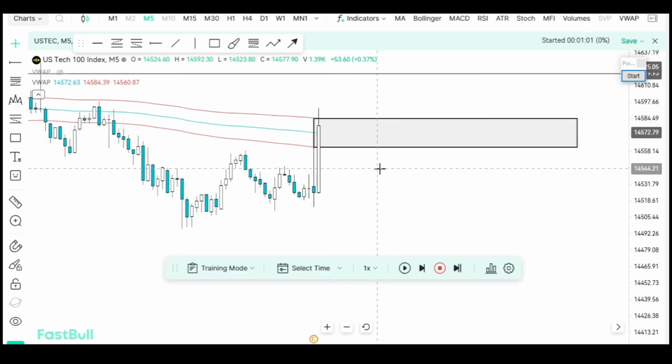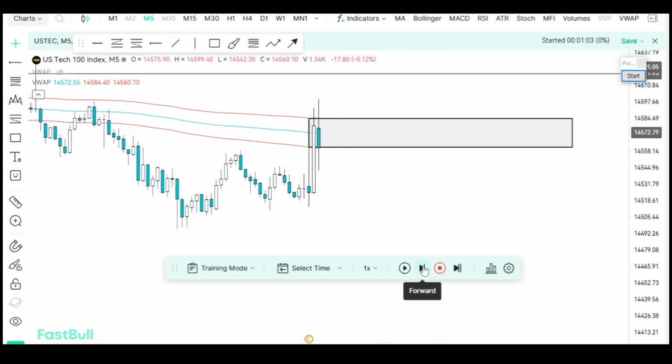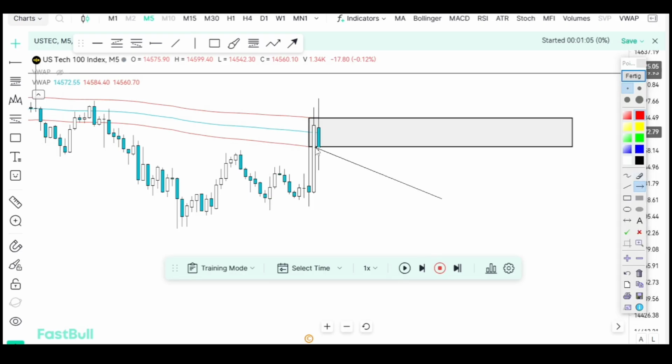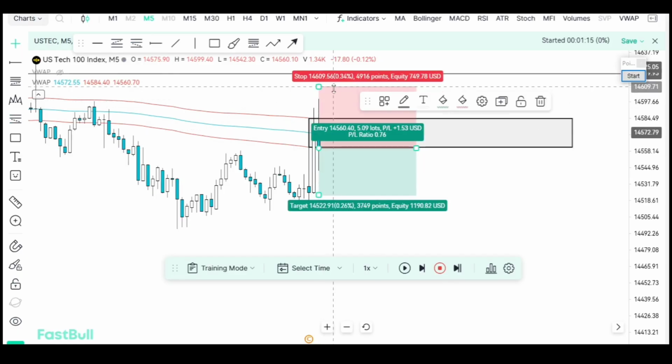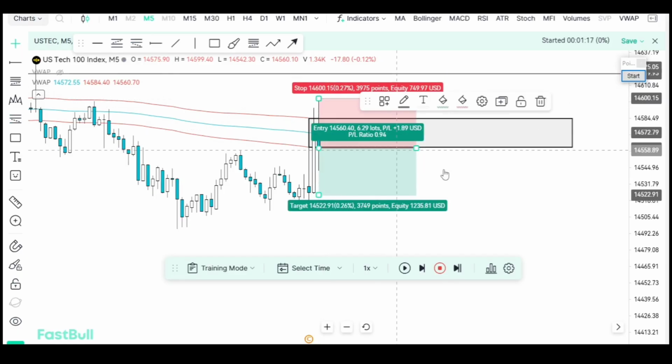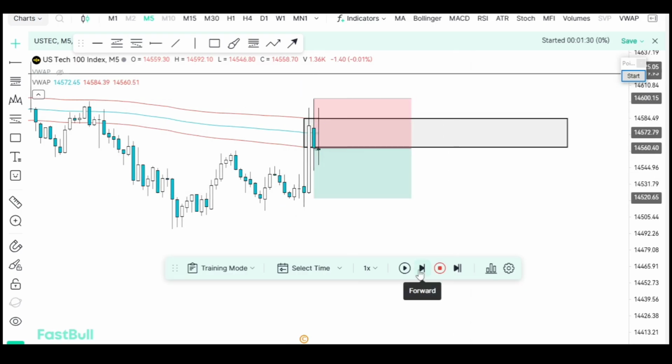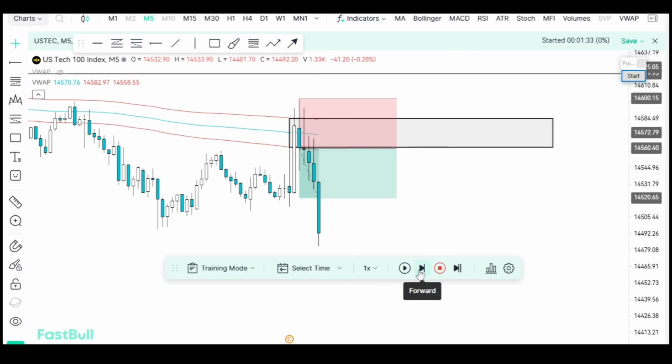Price reaches the zone. Now we wait for an engulfing candle to break the lower band downward. Perfect, we got the break. Enter here. Stop loss above the signal candle, targeting 1-to-1 RR. And boom, target hit cleanly.